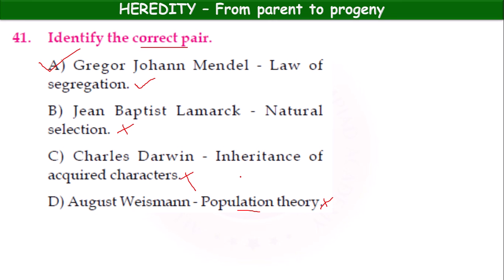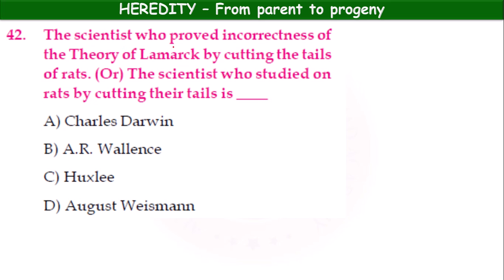So option A. The scientist who proved the incorrectness of Lamarck's theory by cutting the tails of rats is Charles Darwin, Alfred Russel Wallace, Huxley, or August Weismann. Who, children? August Weismann.